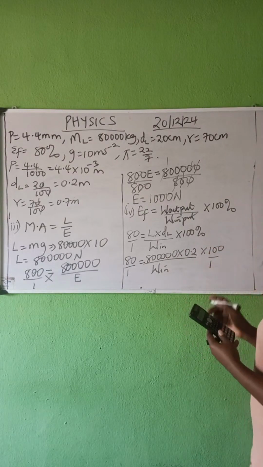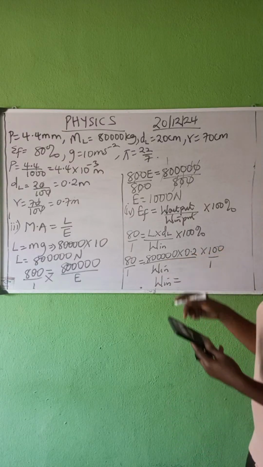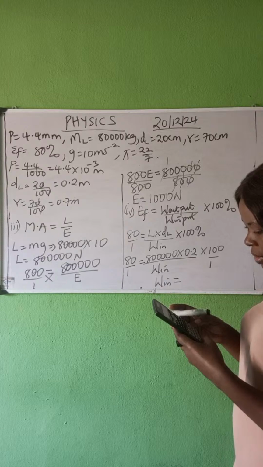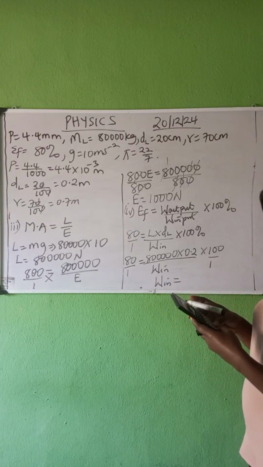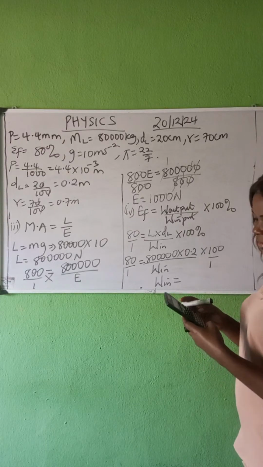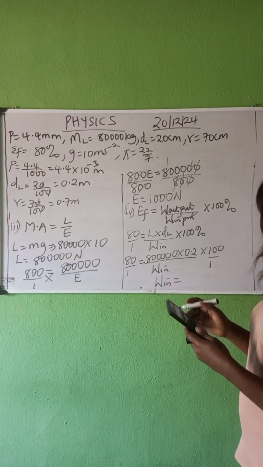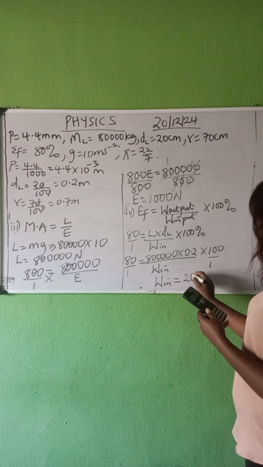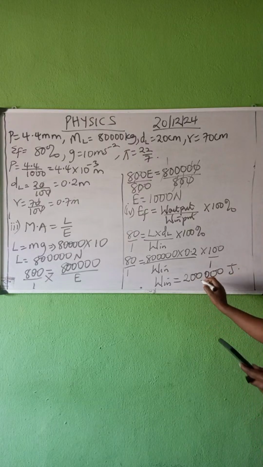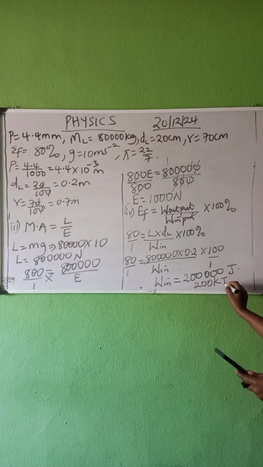So for me to get the work input, I'm going to multiply all through and divide by the coefficient of work input, which is 80. 800,000 multiplied by 0.2 times 100 is equal to 60 million, now divided by 80. So my answer becomes 200,000 joules, which is the same thing as saying 200 kilojoules.